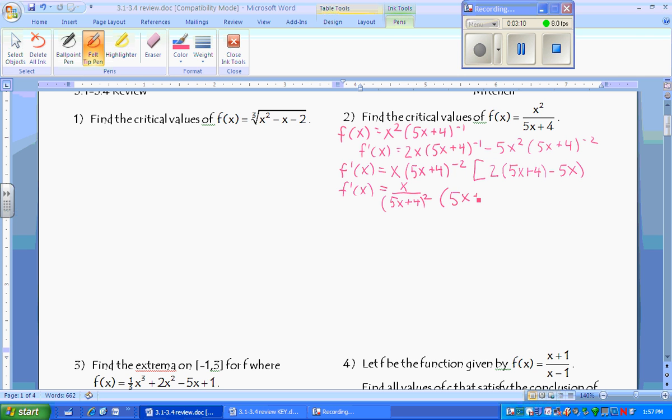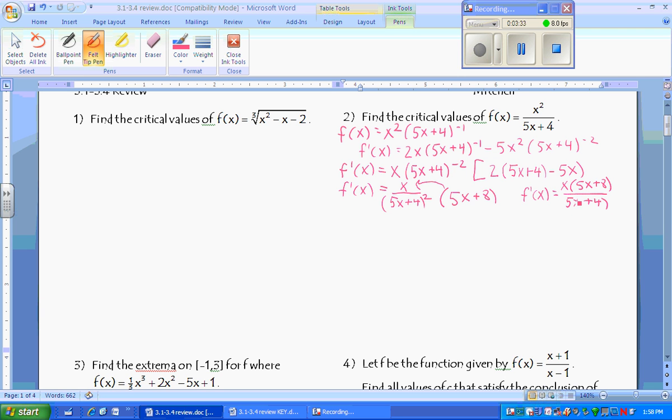And then you just keep the 8. But this thing also goes up here, so if you multiply that, you combine and you get x times 5x plus 8 over 5x plus 4 squared.